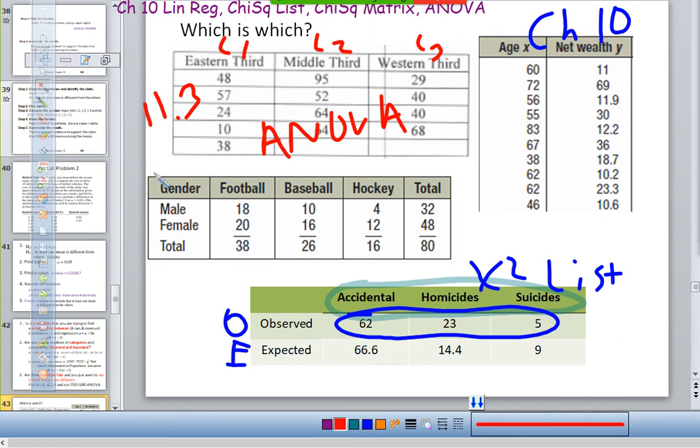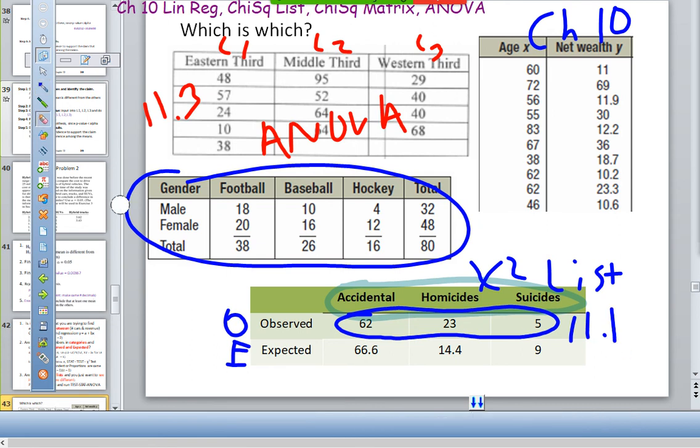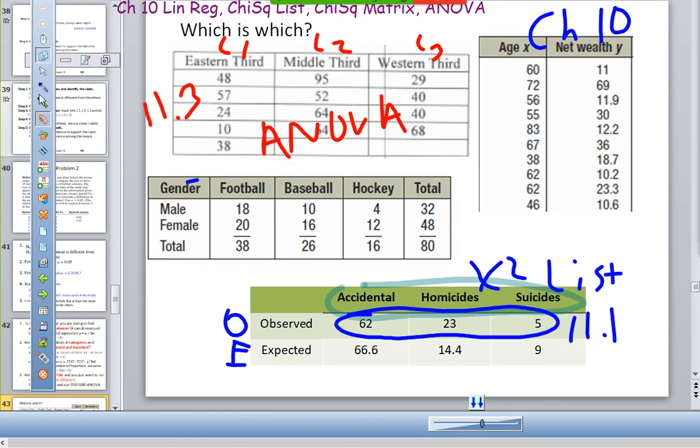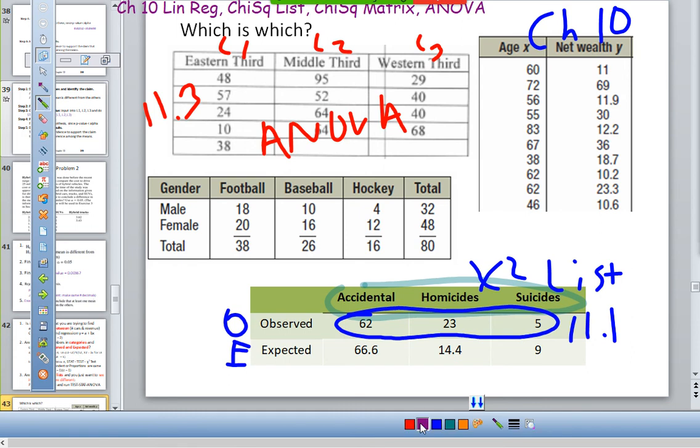Again, this last one here, the gender, football, baseball, hockey, do that one. All right, everybody seems to be in on this one. That's good. So this one, again, we have categories here, and we have categories there.